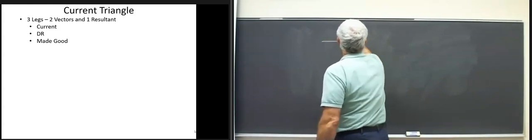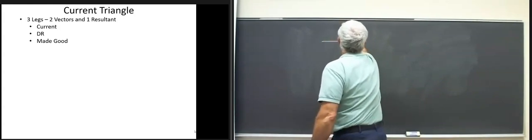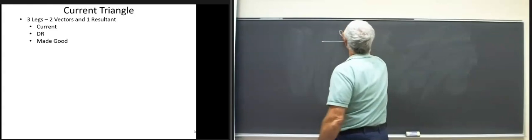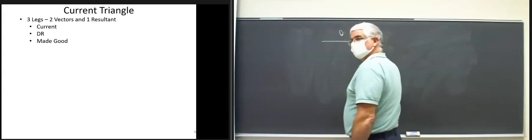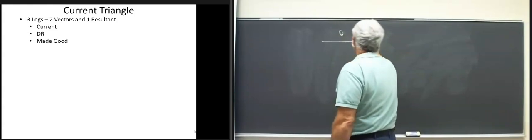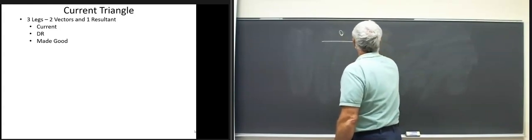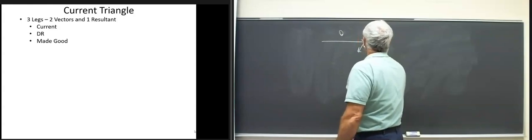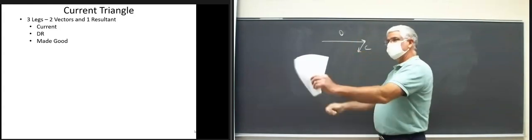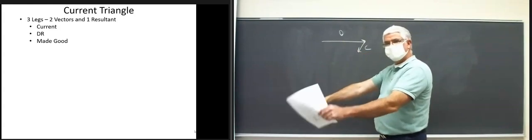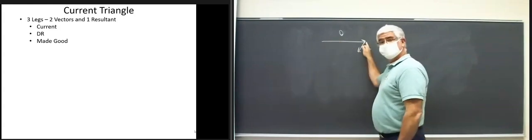Let's say this is my DR line. Course and expected distance, that's a vector. And then maybe you got some kind of current. That's got a direction and magnitude. You steer the boat at a speed, RPM, a course, that's a vector.